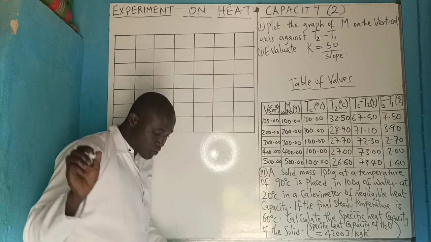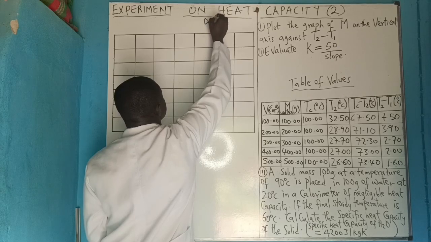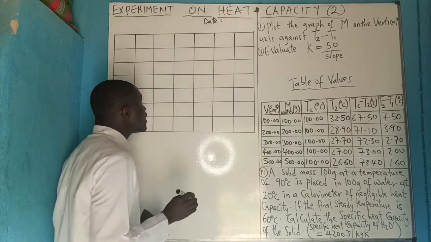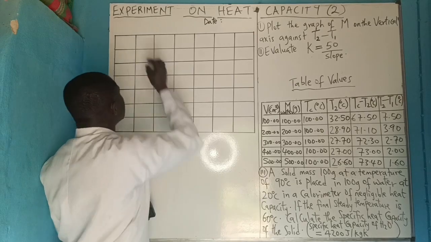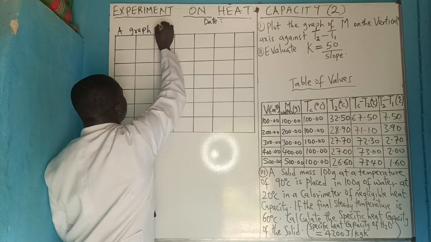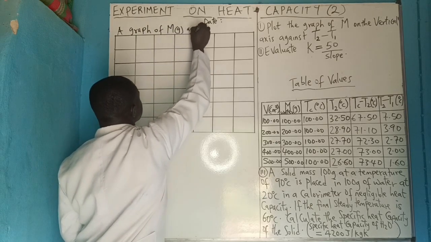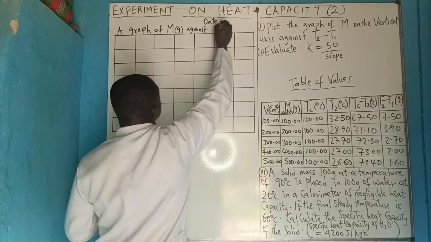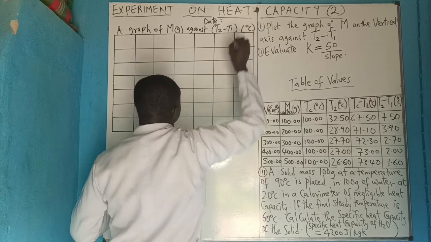Now, the first thing you have to do is write the date of your experiment. Then write the title of the experiment, which is a graph of M in gram against T2 minus T1 in degrees Celsius.